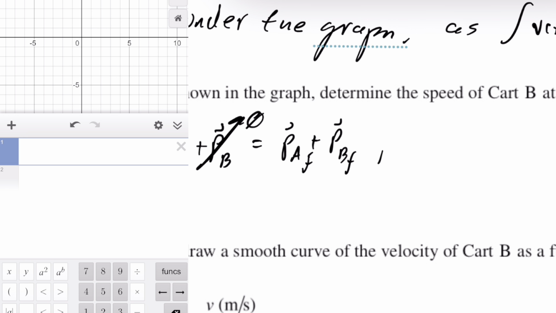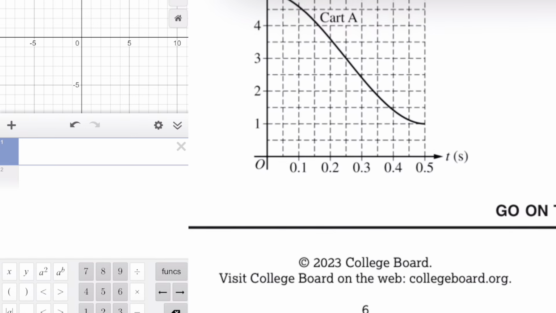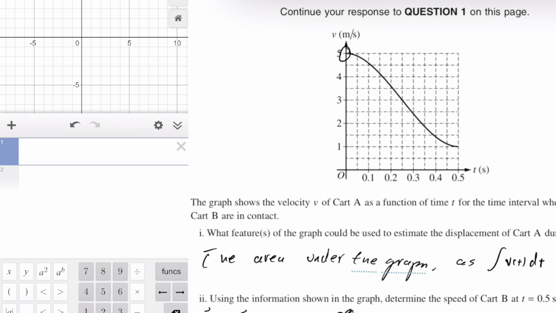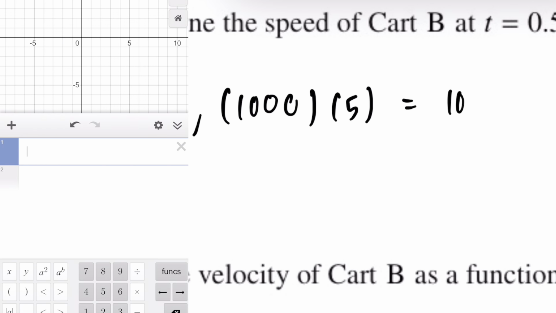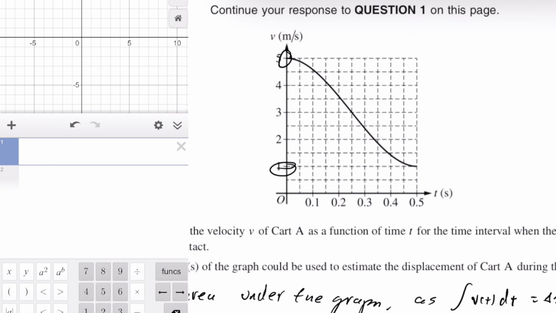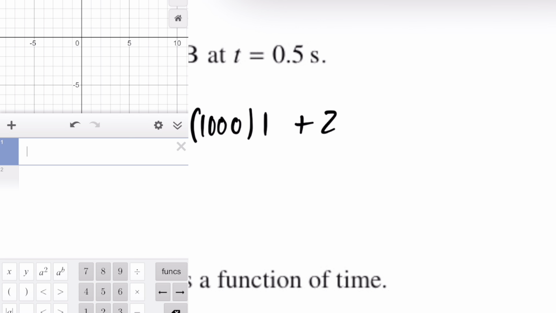So the momentum of cart A is the mass of cart A, which we said earlier is 1,000 kilograms, times the velocity from the graph, 5 meters per second, has to equal the mass of cart A times its final velocity, which is 1 meter per second, plus cart B, 2,000 kilograms, times VB.